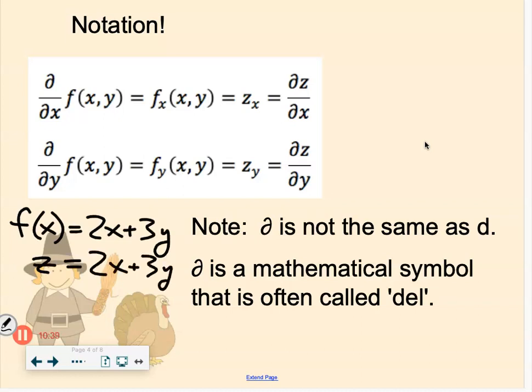So if I want partial z partial x, like z sub x, that's the same as del z del x, right? So partial z partial x. Okay. We have to get in the habit of learning that z is your output whenever you're doing a multivariable function. Good. Any other questions before we move on?